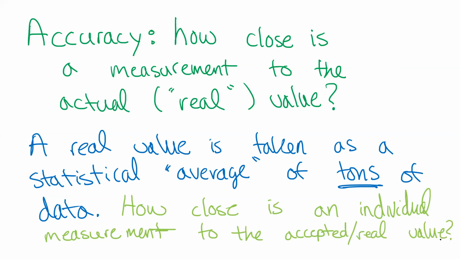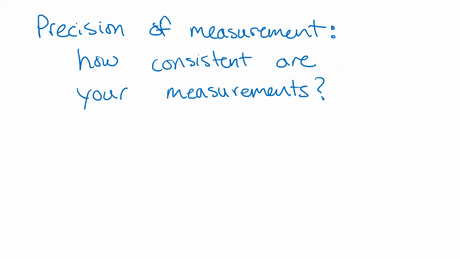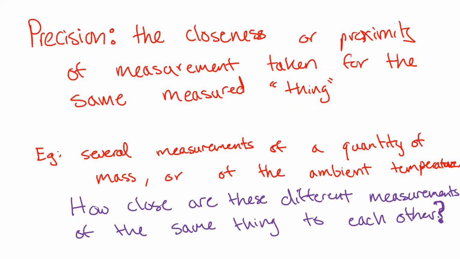Just like we're always continuing to calculate pi to a further decimal place and get it more accurate, the same thing can be said of any real value. We continue to refine and refine and refine. So how close is an individual measurement to an accepted real value? That's accuracy. Precision is the closeness of a series of measurements to each other.